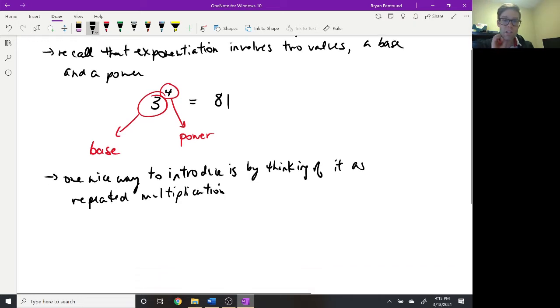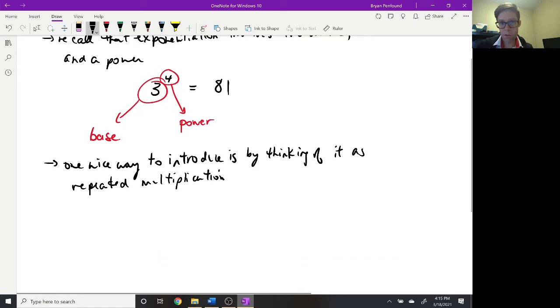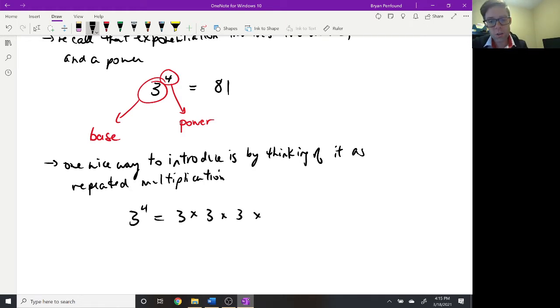So you even saw me thinking about 3 to the power of 4 in that way as I was evaluating what this was mentally. So I first went, what is 3 times 3, which is 9. Then I multiplied 9 by 3 to get 27, and then I multiplied 27 by 3, and I know that that's 81.